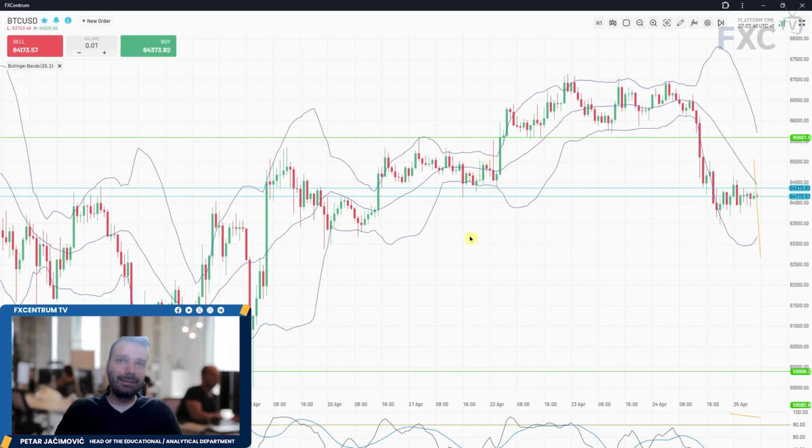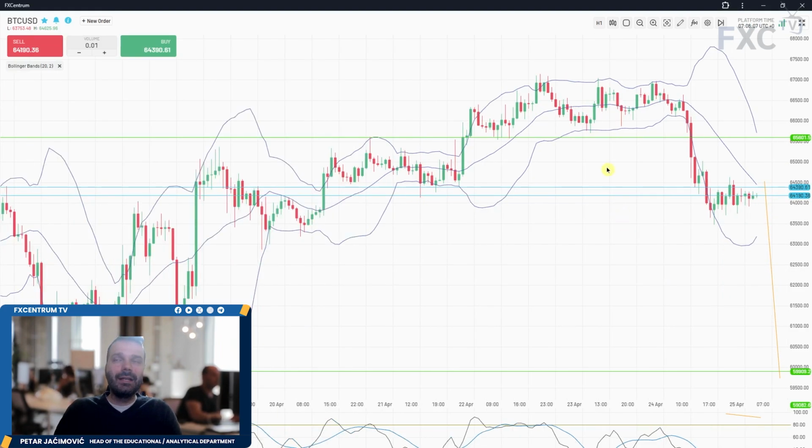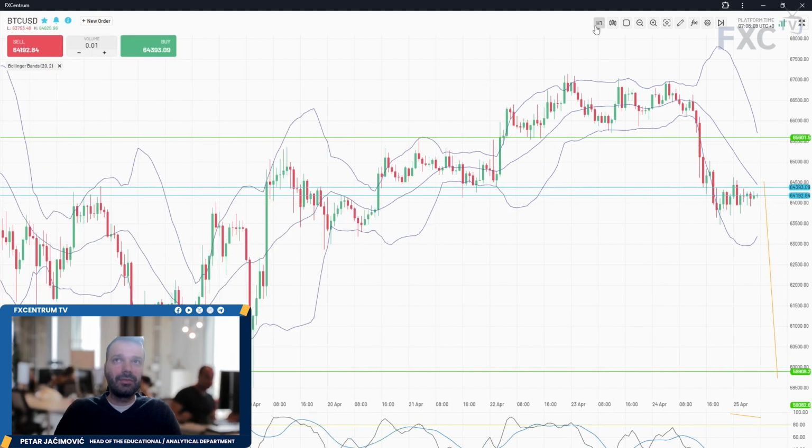We had a consistent downside move and a very good, very tight contraction at this point. So after a period of consolidation, from my perspective, there will be a chance for further downside movement.